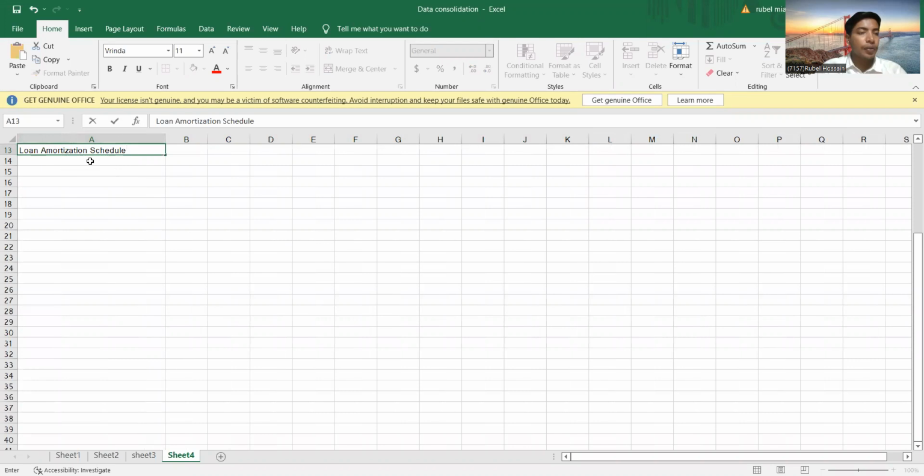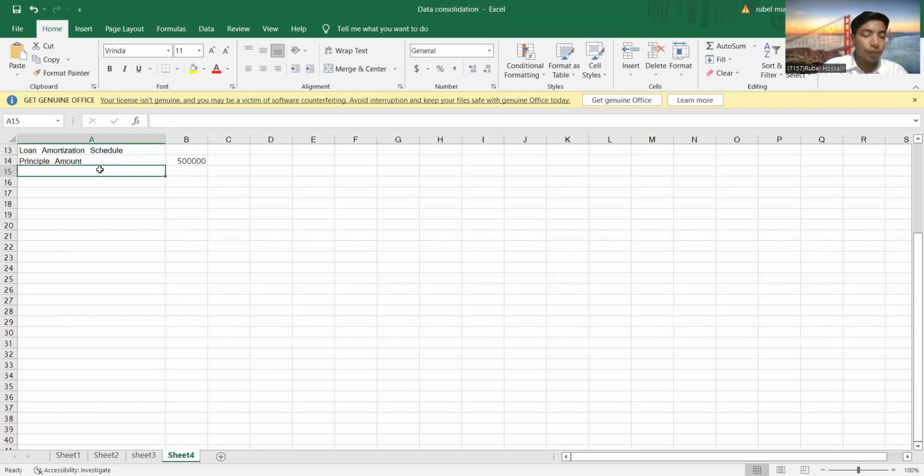At the beginning, I have to write the present value, actually principal amount. Sorry, principal. We can assume any principal amount in column B. I'm taking 5 lakhs as the principal amount.